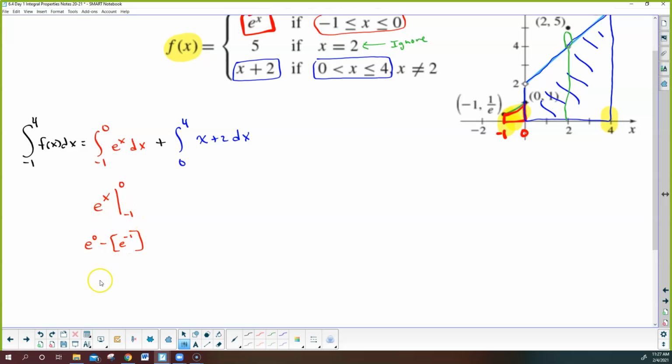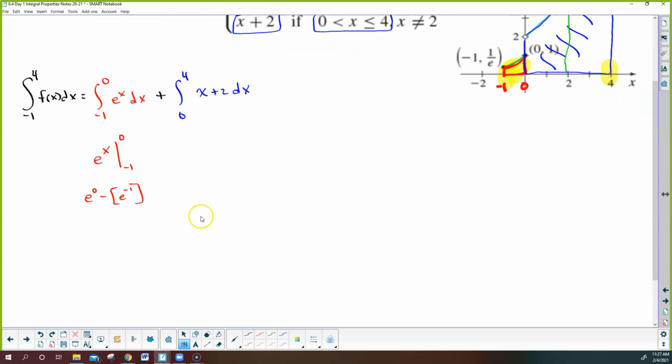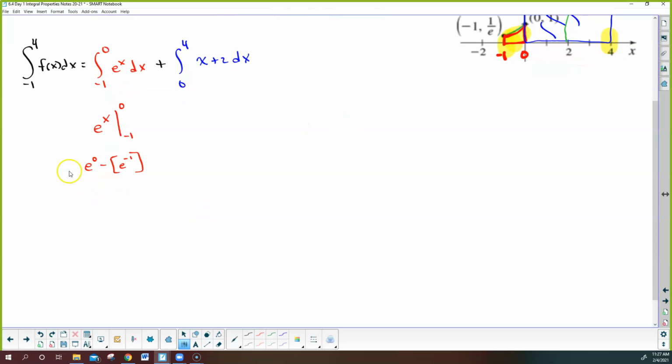Plug in -1. Now this is something that I think happened on the quiz. E to the 0. Remember, e to the 0 is 1. And then I can't really rewrite this other than calling it 1 over e. But e to the -1 is 1 over e. So that's the area under this red portion of the graph.